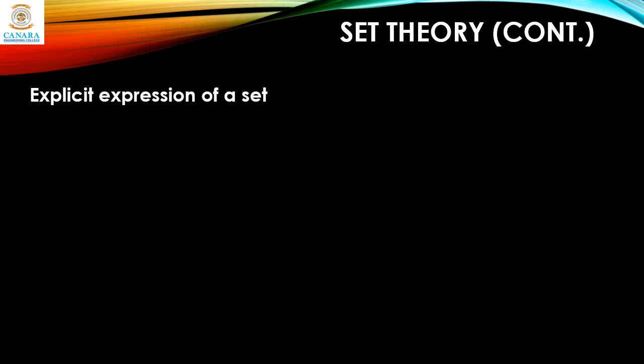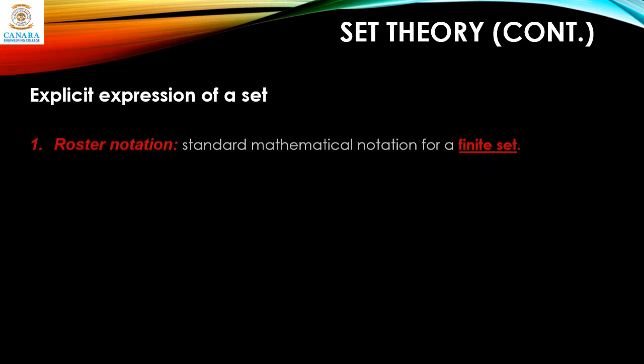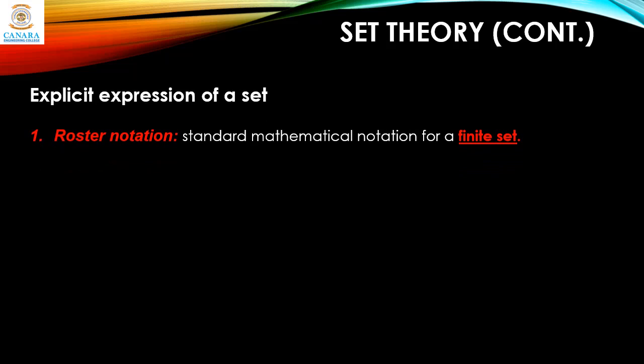We can express sets in two ways. The first method is called the roster notation, the standard mathematical notation for a finite set, which places its elements between a pair of curly braces like this one, which is the usual thing we do when we represent a set. We list all the set elements, like a1, a2 up to an, or any integer or any set member, between the curly braces.